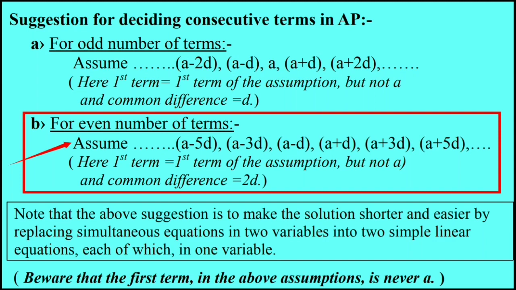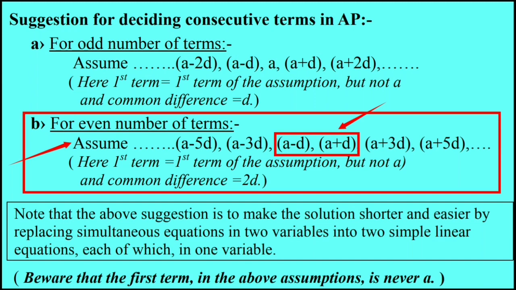In fact, then we are suggested to assume values as mentioned in the block. For example, if we are to assume 2 consecutive terms of an AP, then we should assume A minus D and A plus D.